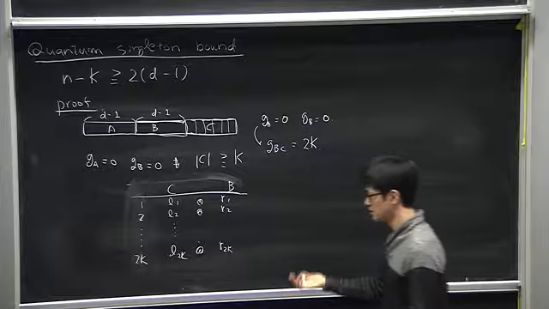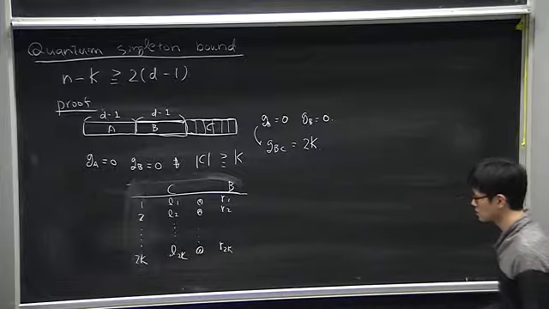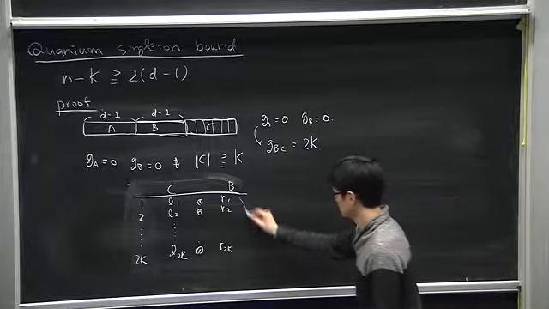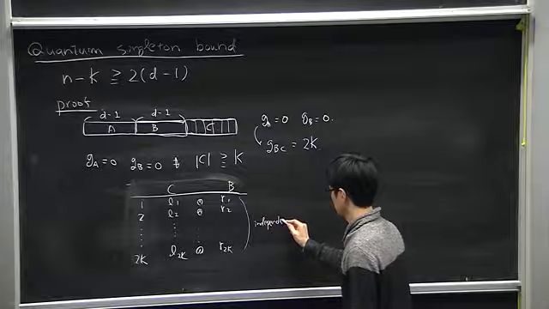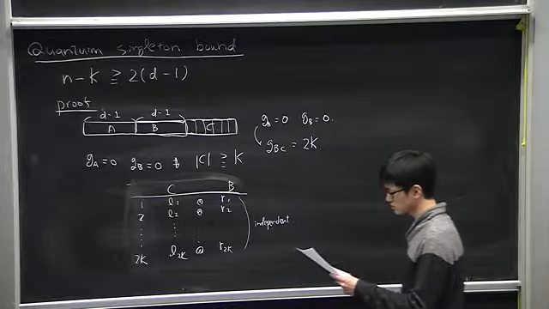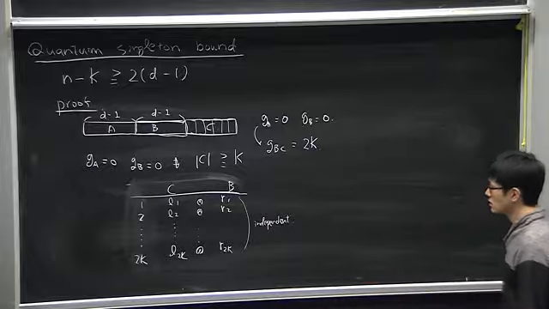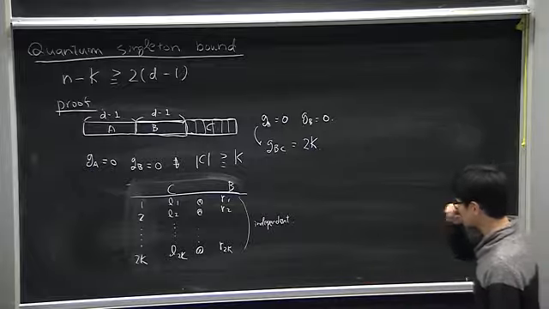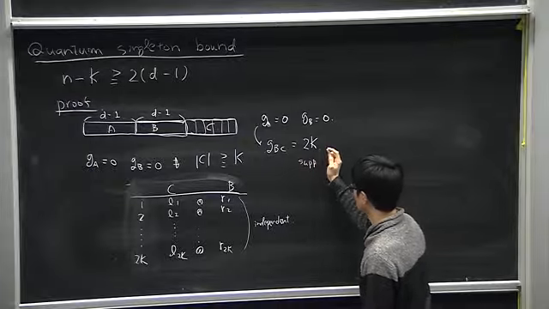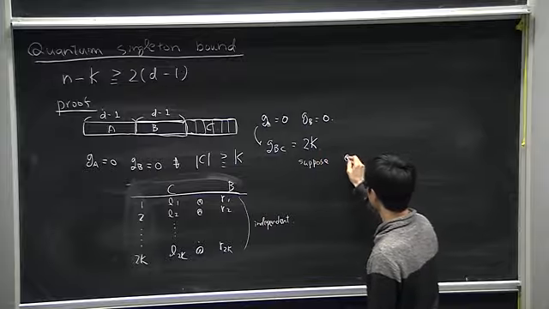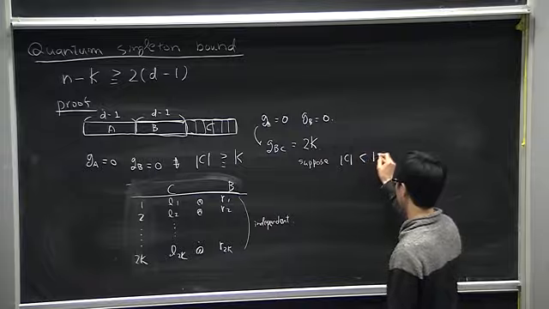I just listed all of them. The assumption is that they are all independent. Now, suppose that C was actually smaller than K.